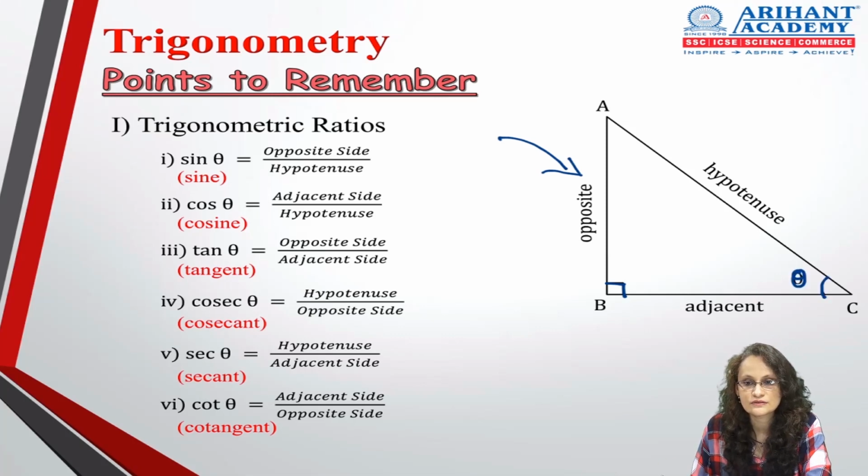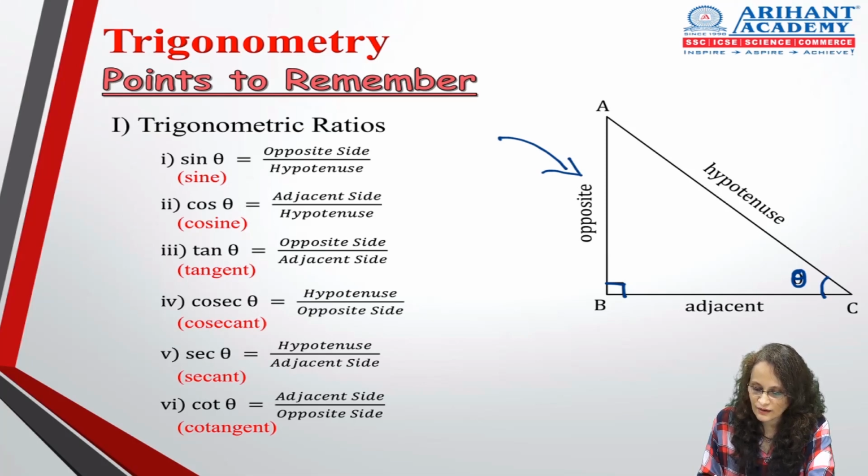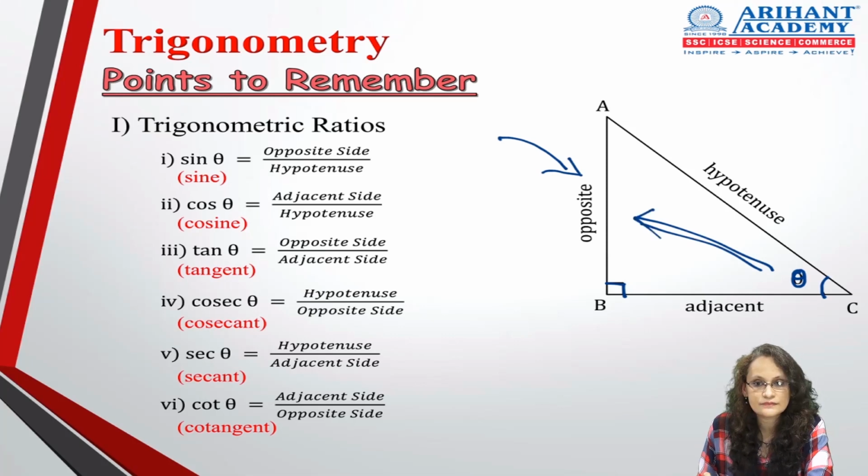So for this theta, this side becomes the opposite, and for this theta, this side here BC becomes its adjacent side. And we all know that if angle B is 90, then this is going to be the hypotenuse AC.